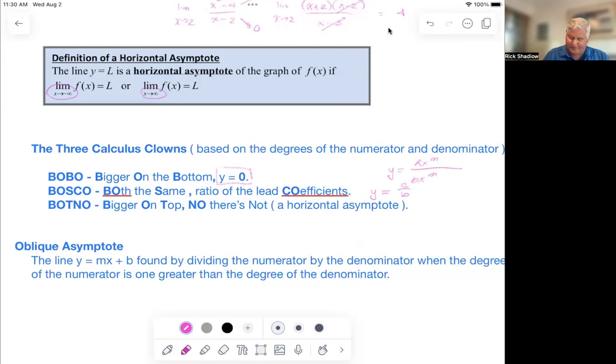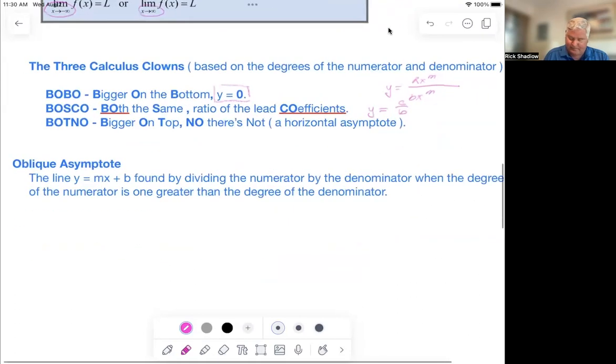And if they differ just by one, it's an oblique asymptote, a slanted line. As x goes to infinity, or as x goes to negative infinity, the function would be approaching that line y equals mx plus b. That again only occurs when the degree of the numerator is one larger than the degree of the denominator.